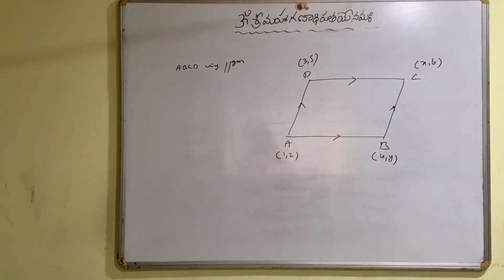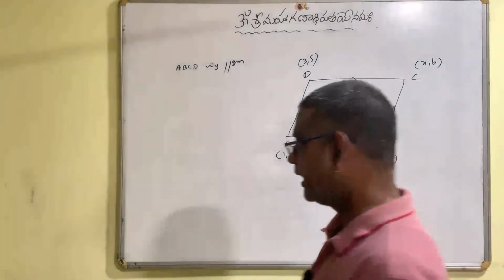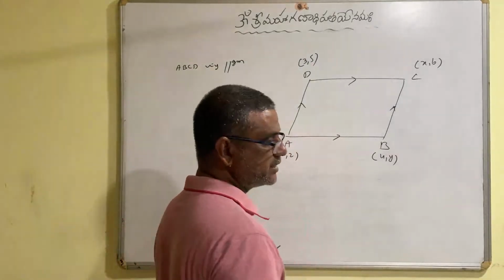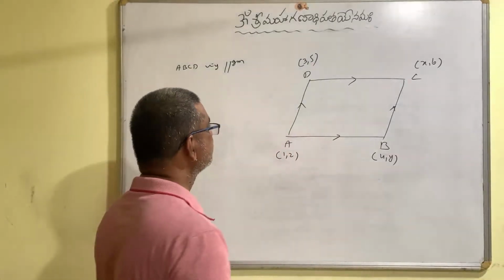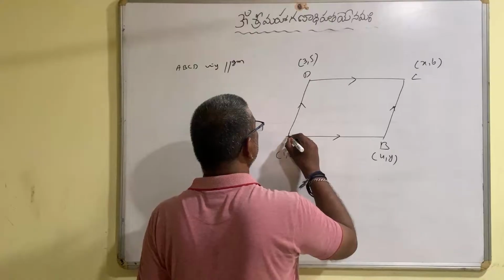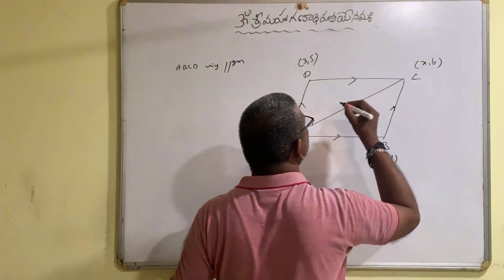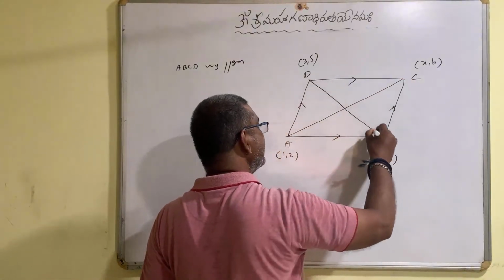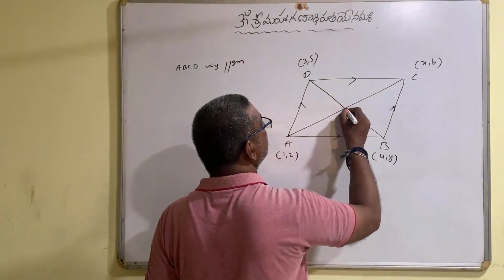Yes, diagonals bisect each other. Diagonal AC and diagonal BD meet at a point.